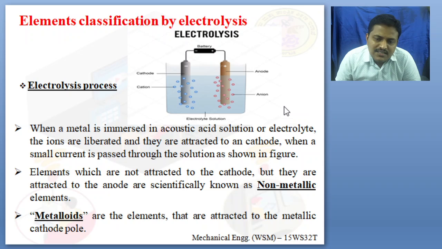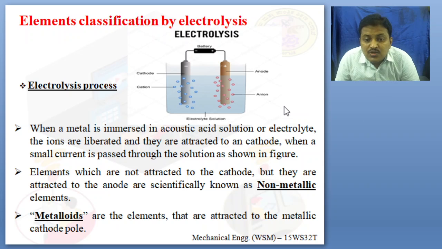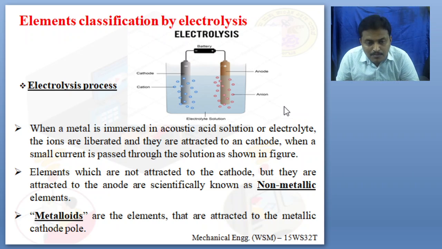Metallites are those elements or ions that are attracted to the metallic cathode pole. What did you understand from this? Non-metallic means the ions are attracted to the anode. Elements which are attracted to the cathode are known as metallic or metalloids.